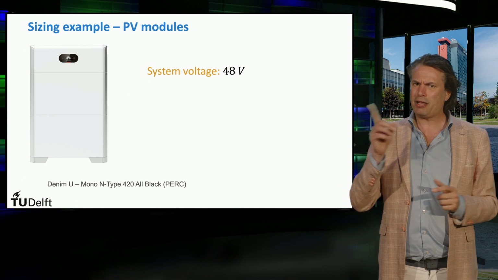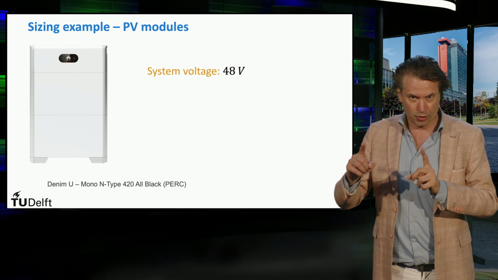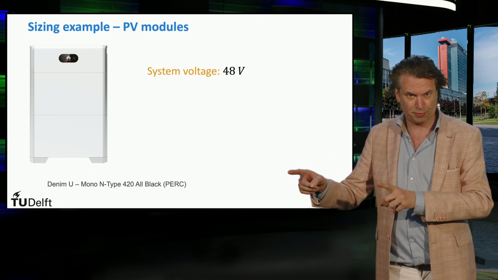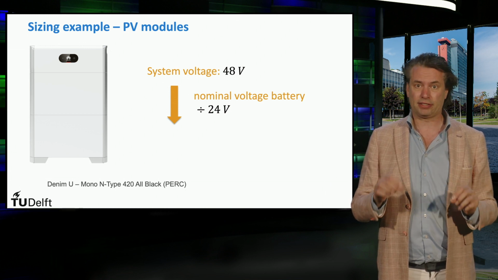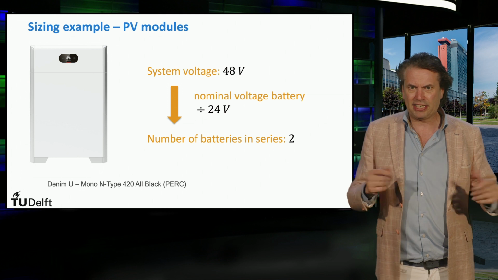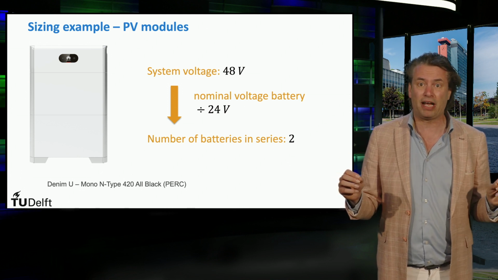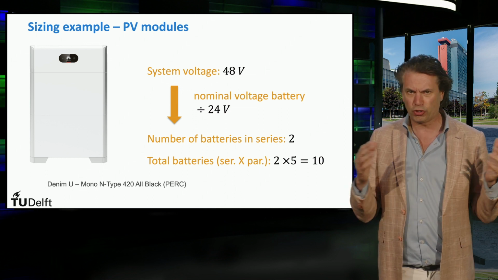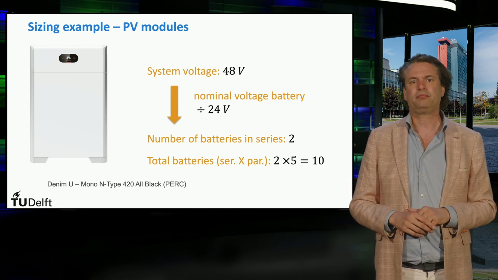However, a single battery has an operating voltage of only 24 volts, while the nominal system voltage of the battery bank is 48 volts. This means that 2 batteries should be connected in series. That means that the total battery bank consists of 5 strings connected in parallel, and every string has 2 batteries connected in series. The total batteries in the bank is 10 batteries.